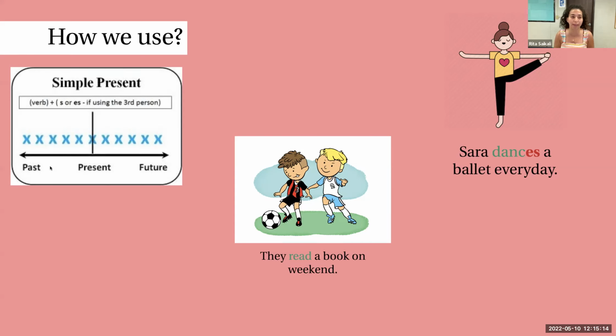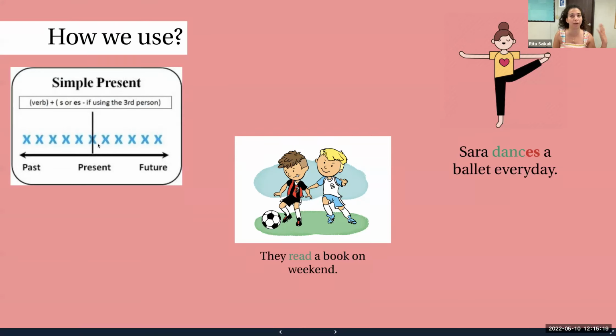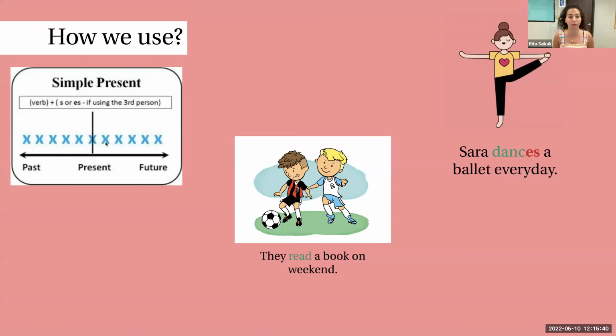A habit is something we do every day, every year, every month, or every however often interval of time, but it happens all the time. It happens repeatedly. You can see it on this chart to the left of the screen. You see all the X's, they mark the fact that it is repeated in an interval.